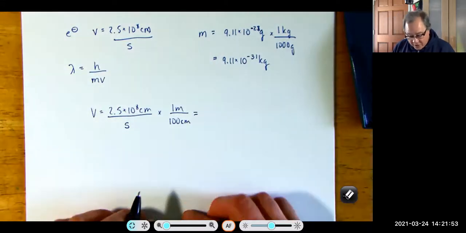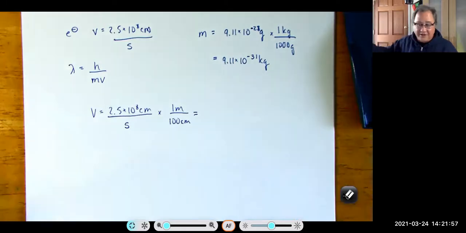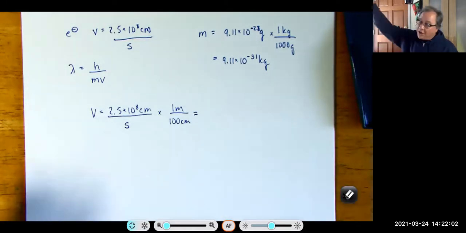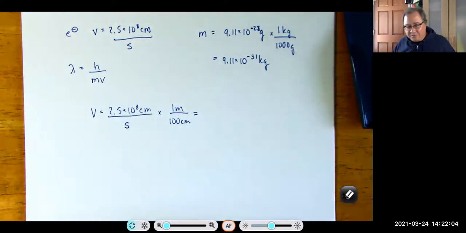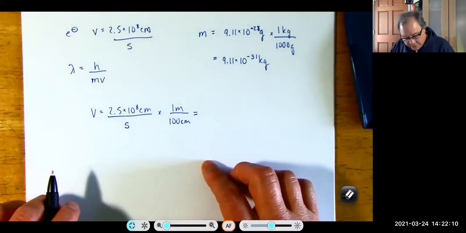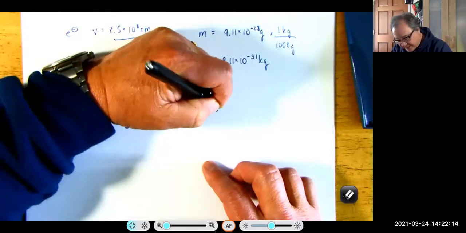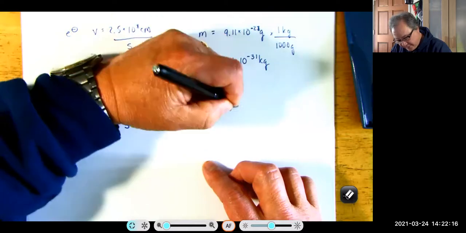Because I remember when the teacher pulled out the meter stick and said, there's 100 centimeters in here. I don't know why, but I remember the guy doing that and moving his arms. I remember that from when I was a kid. Right. So I'm going to do that. And that means it's 2.5 times 10 to the 6 meters per second.